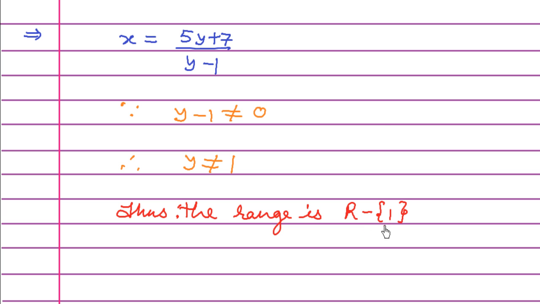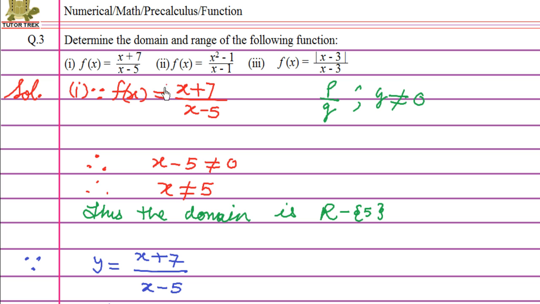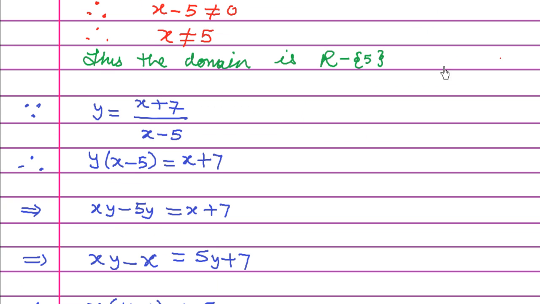How should it be the range? Because in the domain we know that if x is equal to 5, then it becomes infinite, not defined. But here you see, if we put 1 instead of y, because we have found out the range y is not equal to 1, we see what happens.